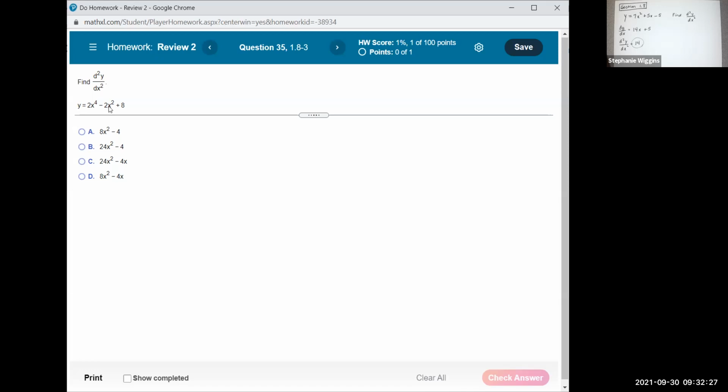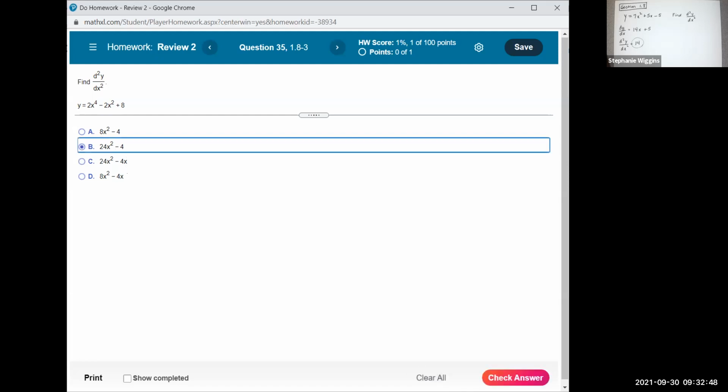You have to then take the derivative of that. So 3 times 8 is 24, subtracting 1 from the 3 is 24x squared. And then the derivative of minus 4x is just plain old minus 4. So B is the correct choice.